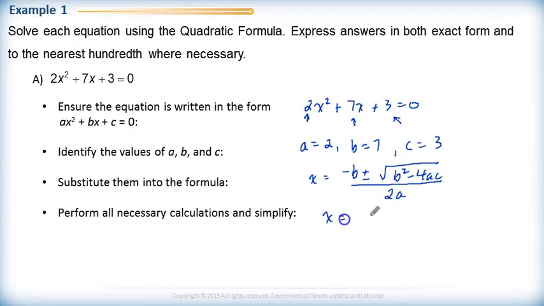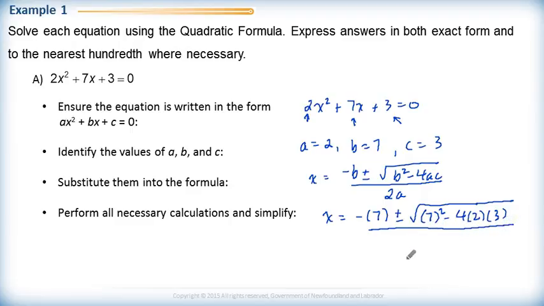So we plug them in, and in place of b, we have 7. So it's negative 7 plus or minus the square root of b squared, okay, the b is 7, minus 4 times 2 times 3. Make sure that square root extends over everything that it's supposed to.